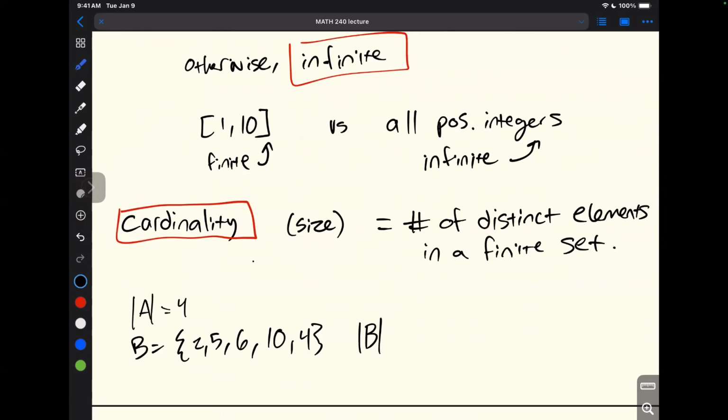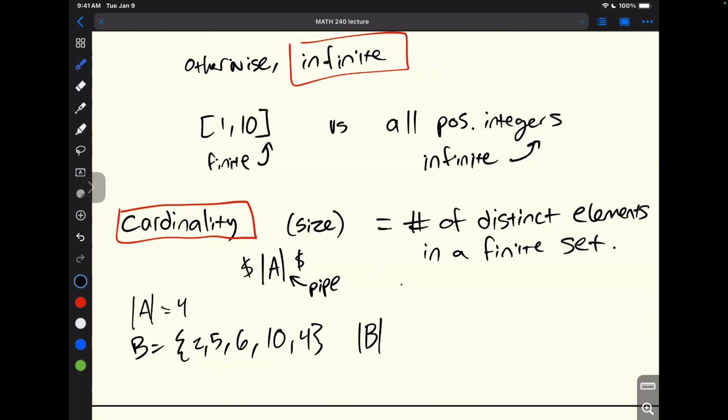The way we write it is with the pipe characters. Again, it's just above the return key on your keyboard. And so when you're typing it in LaTeX, that has to be in math mode.